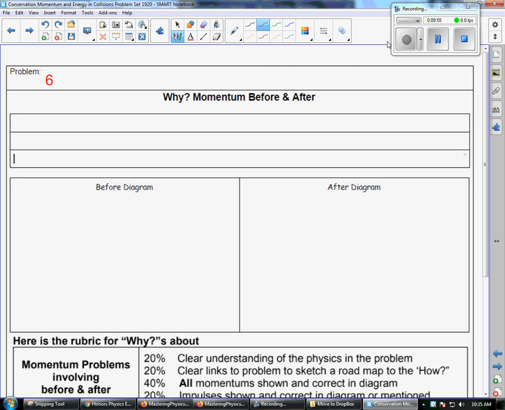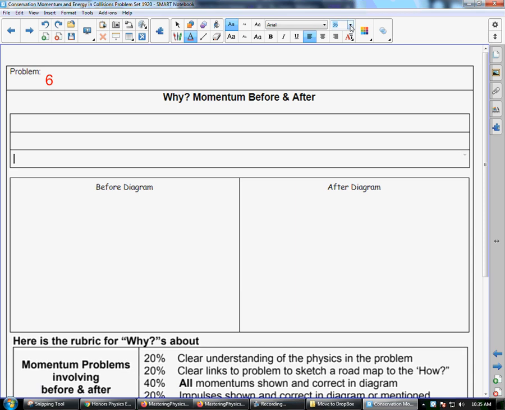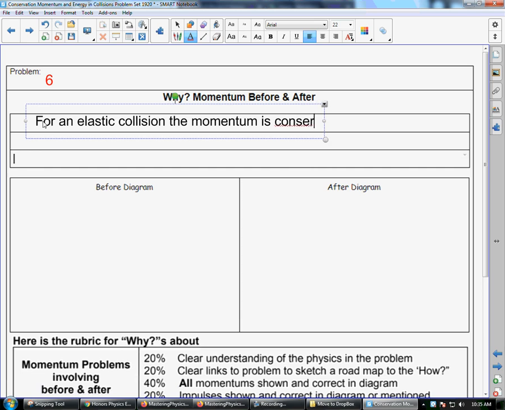And that's where I come up with two things being true of all elastic collisions, which is that for an elastic collision, the momentum is conserved and the kinetic energy is also conserved.